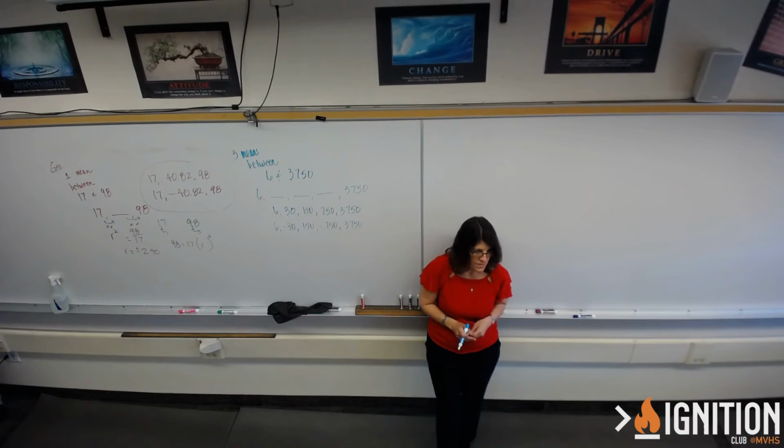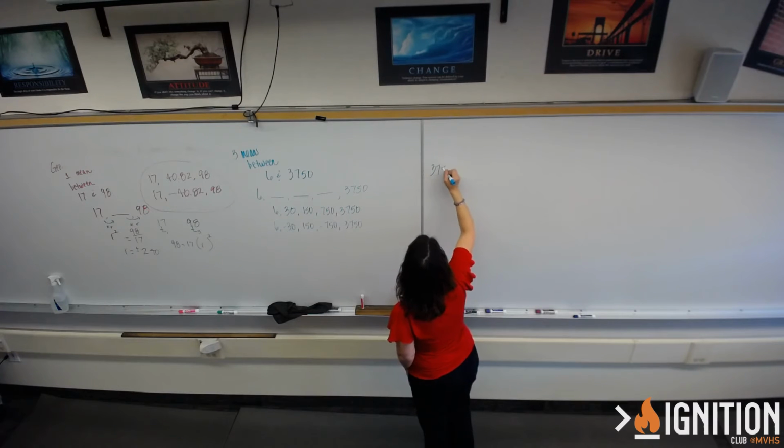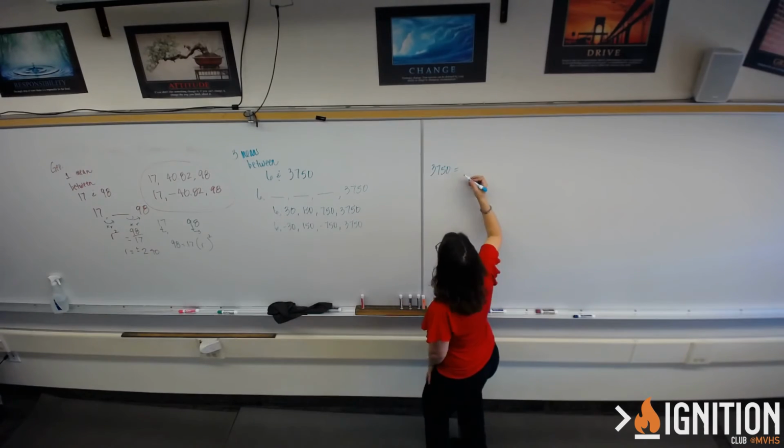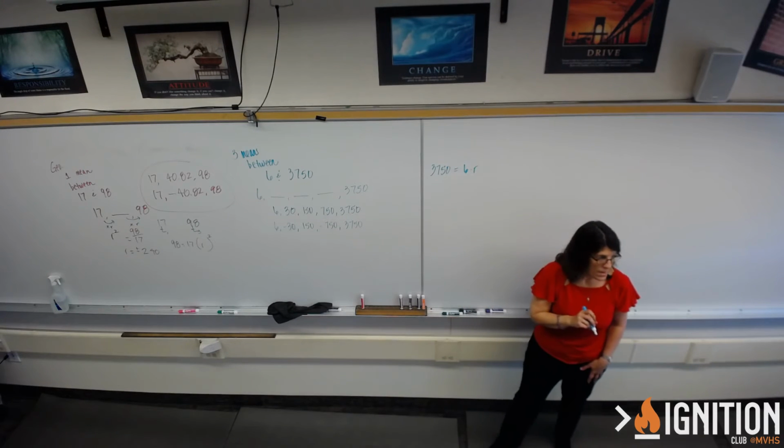There are 4 answers. How do you know there are 4 answers? The degree is 4 when you solve the whole thing out, because if you do the actual equation, you're going to get to the 4th. We have that the last term is 3750. The first term is 6, r to the n minus 1.